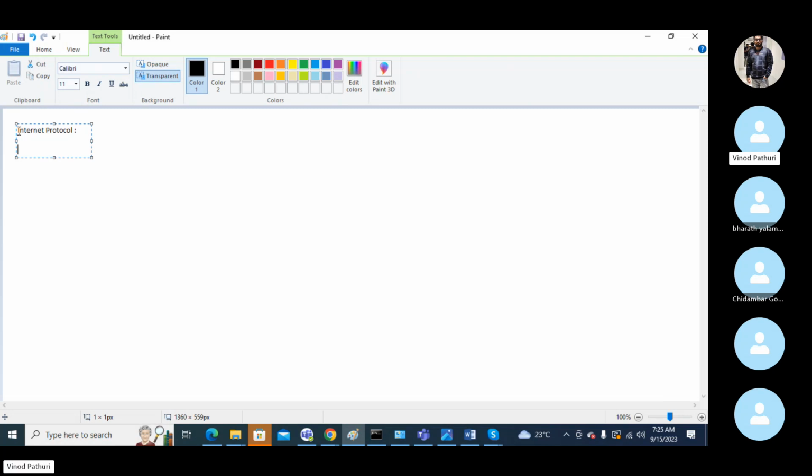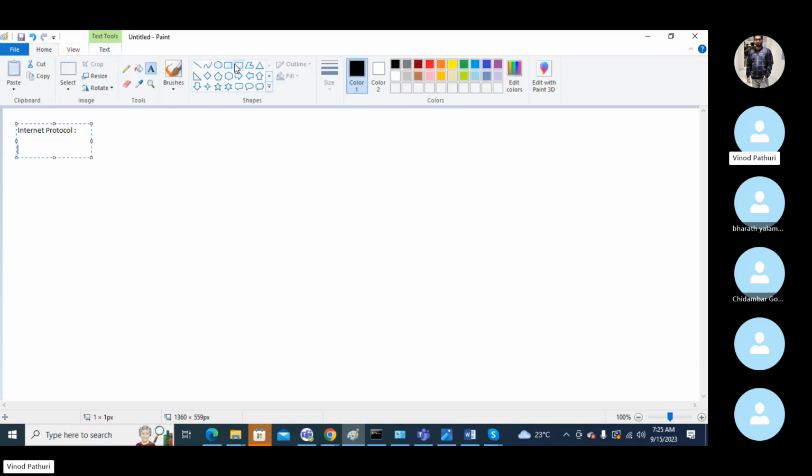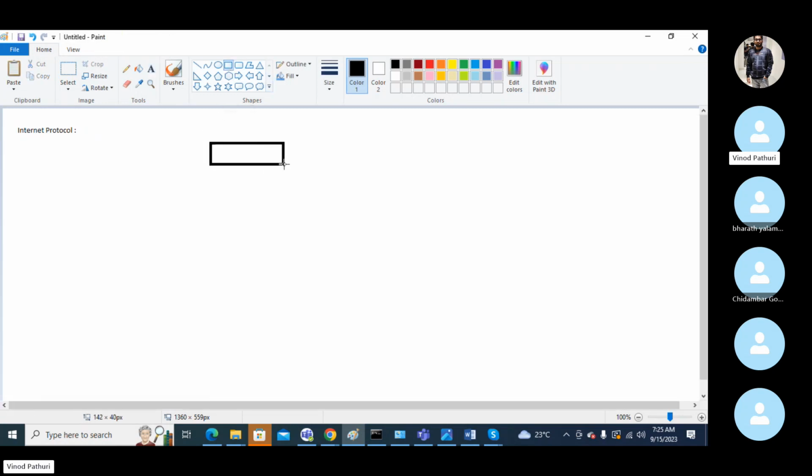Suppose you want to send some data from your machine to my machine. Whenever it is doing that, it will have an IP table. I told you, routers will contain a dedicated routing table so that they can pass the information. Same way.